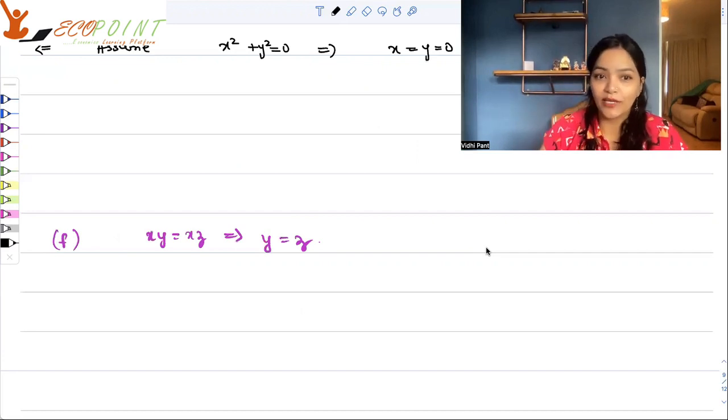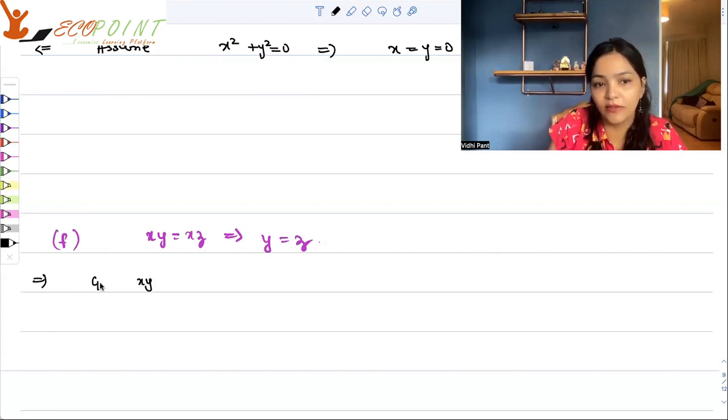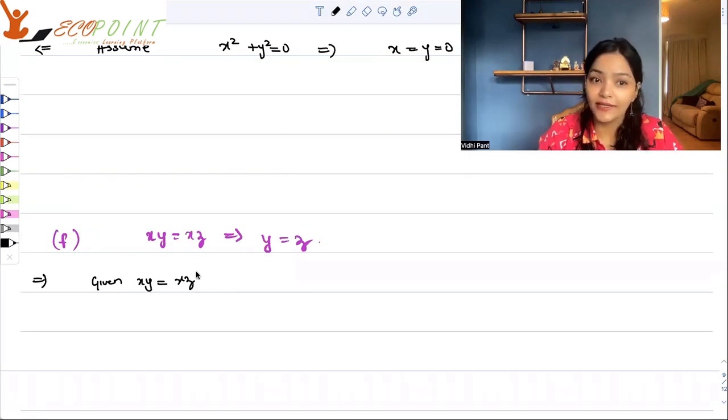xy equals xz implies y equals z. Well, yes, you take any three numbers x, y, z, this will always happen. So let's do it this way. Given or assuming that xy equals xz, are we getting the right answer? At the first go, you would say that, yeah, you take any numbers, this will happen. You multiply x by y and x by z, they're equal, then that means y and z will be equal.